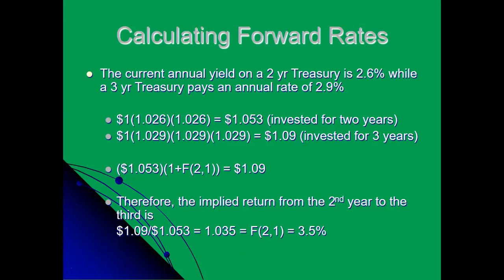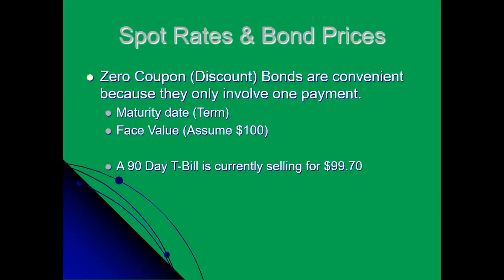Same principle. First would be just good for 2 years, so squared, and this one will be cubed. And we get $1.053 and $1.09 respectively. And if we are going to divide the latter by the former, it equals 1.035 minus 1 equals 3.5%. So that's how we get the forward rate for this example.